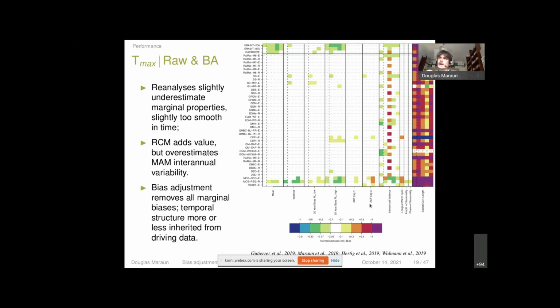And this is lag 1 and this is lag 3. So this is a bit longer memory. And then the interannual variability. And here we had the longest wet spell, warm spell, then the amplitude of the seasonal cycle, and the phase of the seasonal cycle. So whether the peak and the minimum are correctly mapped.